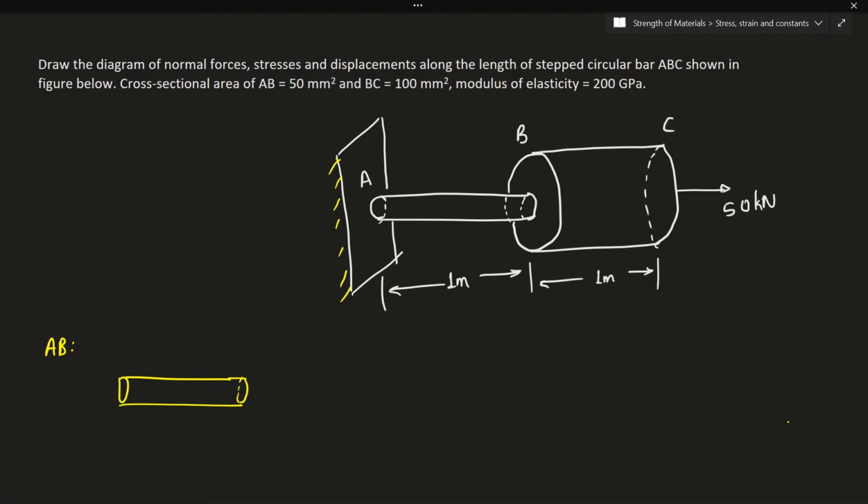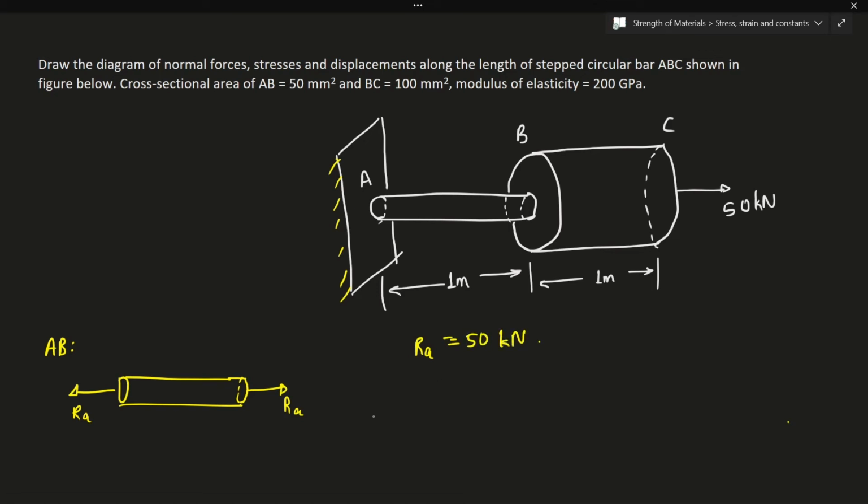Now here, if this is pulling, again here also we'll have a pulling force. So RA and RA here. Now I don't know the value of RA. Now if the body is in equilibrium, the forces will be equal to one another. So RA will be equal to 50, right? RA will be equal to 50 kilonewton.